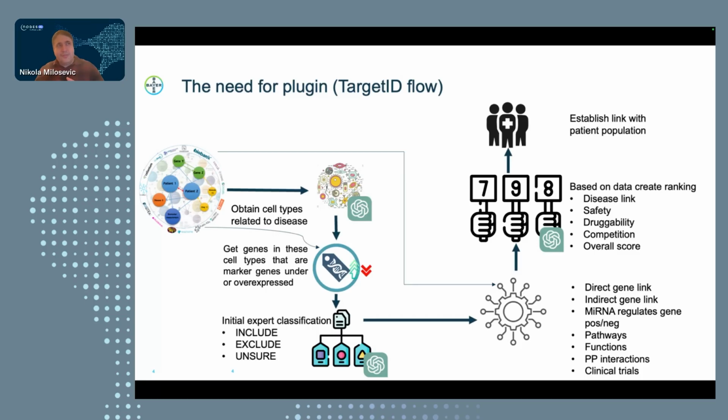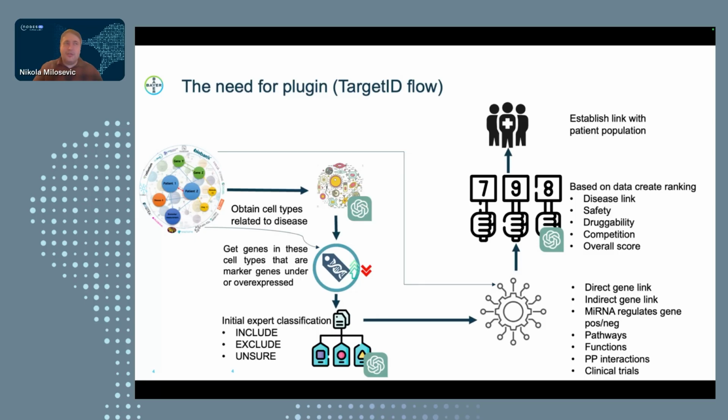So basically all this data was passed to an LLM, with some kind of chain of thought prompt asking to rank on a score of 1 to 10 how strong the disease link is, how good the safety of this gene is, is it druggable, or how good is the druggability.